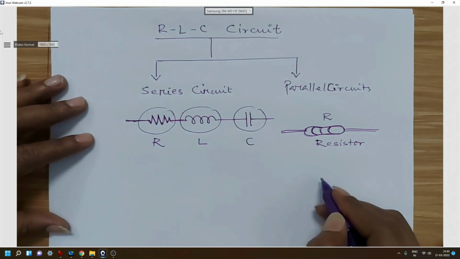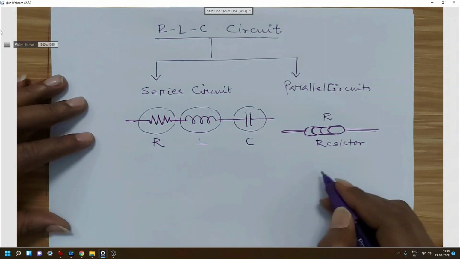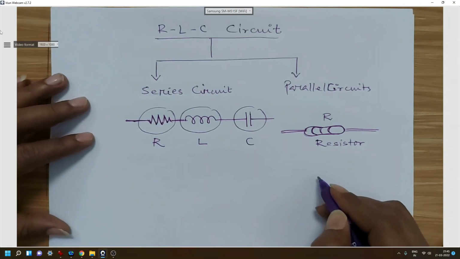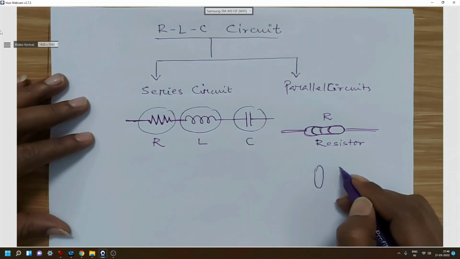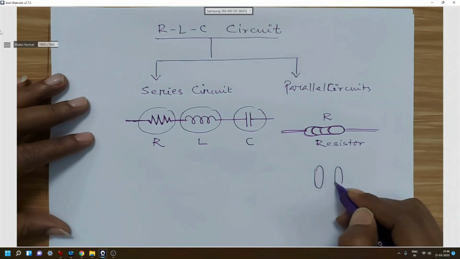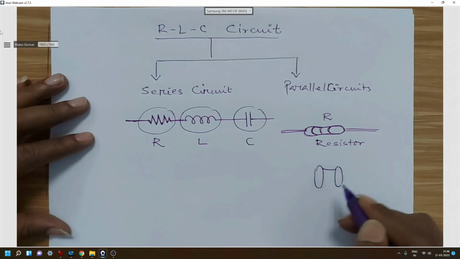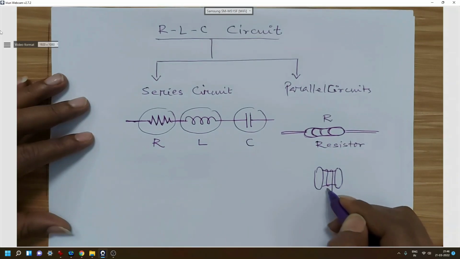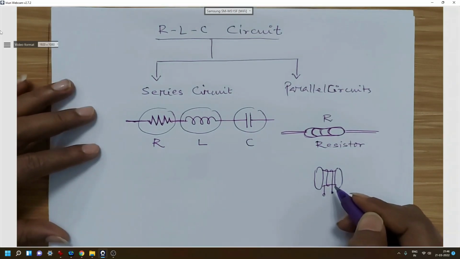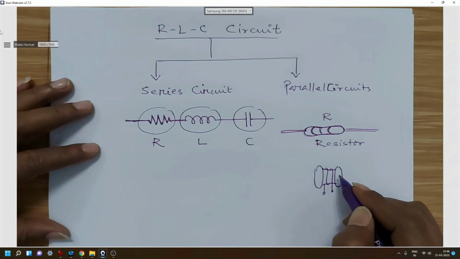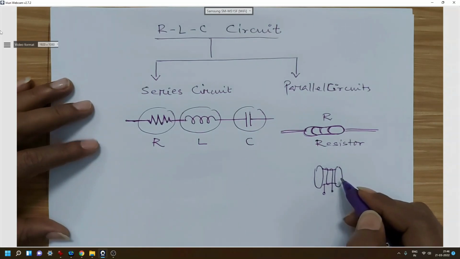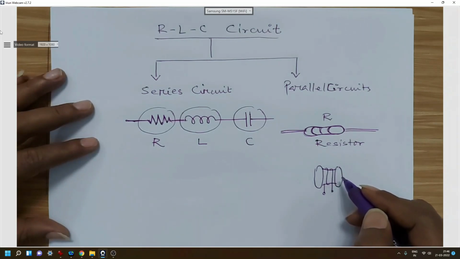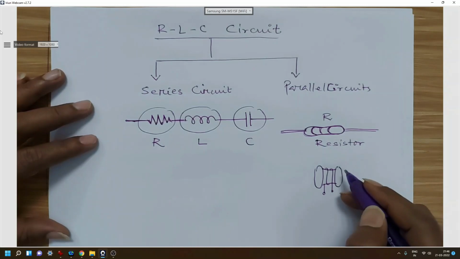Now for inductor, definitely we will have some other kind of device or component. We can get an inductor that looks like a bobbin, and there will be windings, generally made of copper. It looks like the bobbin we generally use to fly a kite with cotton thread.